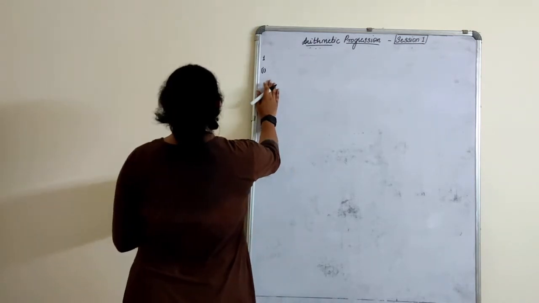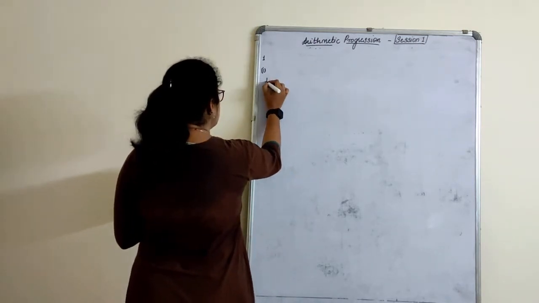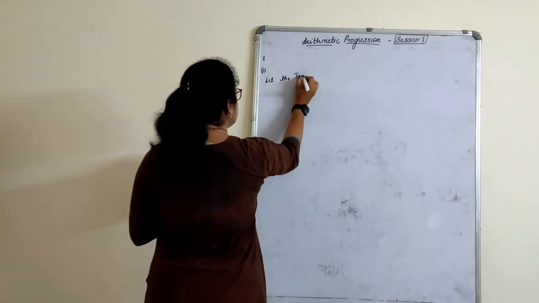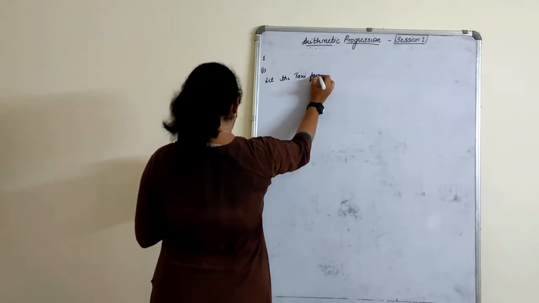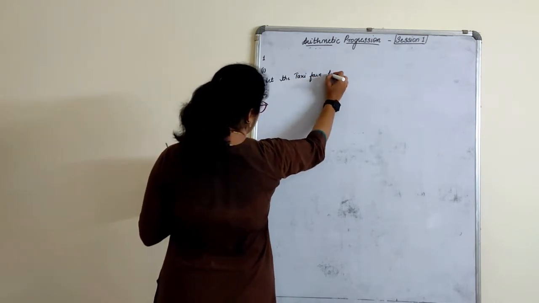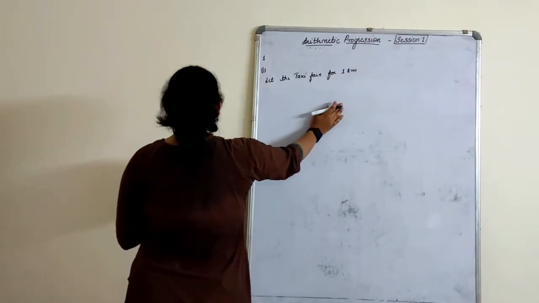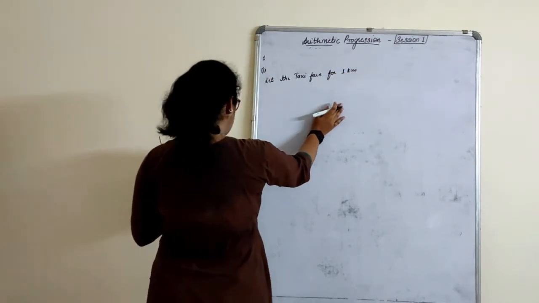So let's check. First assume the taxi fare for 1 kilometer. What they have given is that the fare is rupees 15 for the first kilometer.